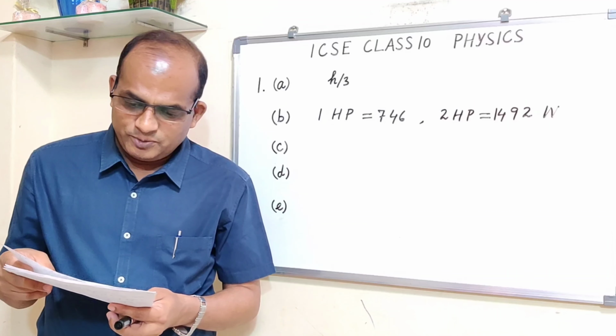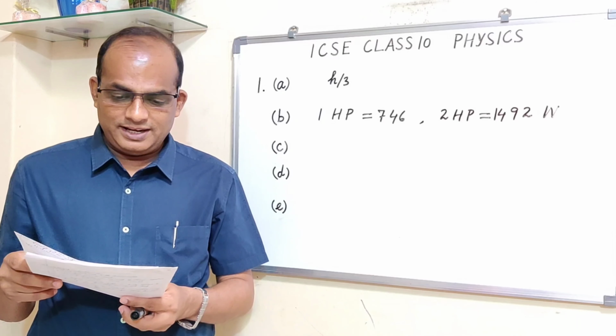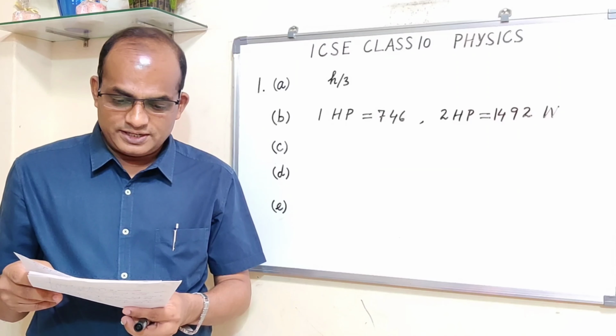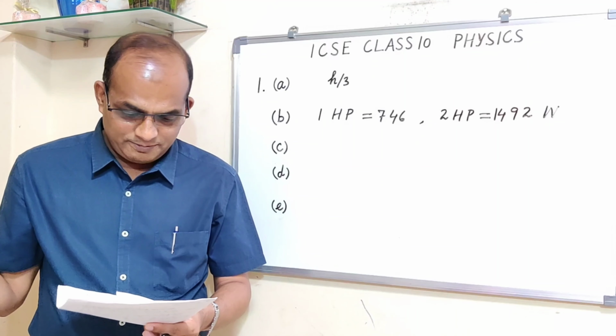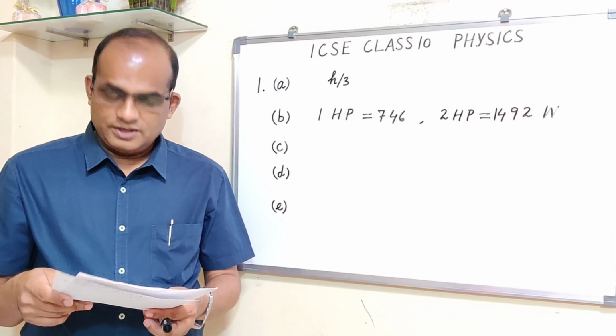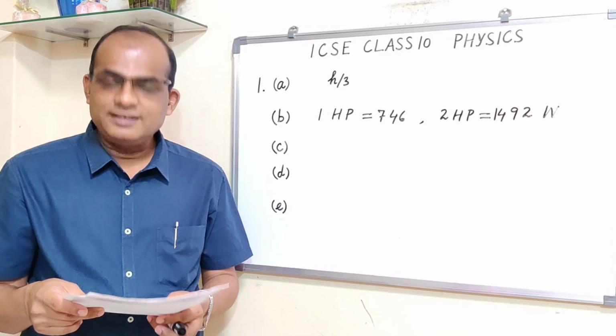Part D is: give examples of a pulley which acts as a force multiplier, and second as a directional advantage. Alright, so for force multiplier, a single movable pulley, a very simple example. Here also some of the students are writing incorrectly. And second, a single fixed pulley.